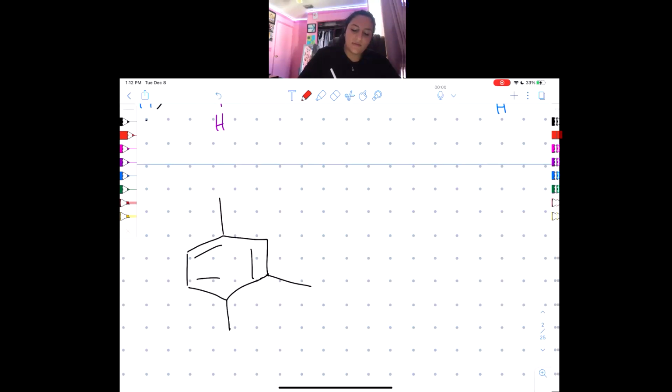So this will be signal number 1, and it will be 3H. This will be signal number 2, and it will be 3H. And this will be signal number 3, and again, it will be 3H. And for the other ones, the reason I'm not writing what the integration is because it's just 1.